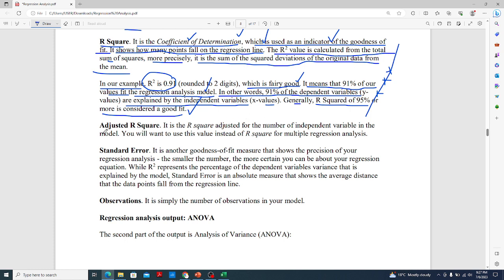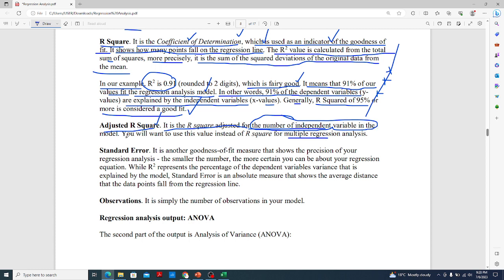Good. Now we have the adjusted R squared. The adjusted R squared is the R squared adjusted for the number of independent variables in your model. It's mostly useful under multiple regression, where we have more than one independent variable.